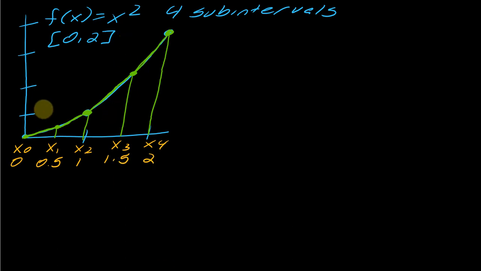To figure out the area of each one of these trapezoids, I need to plug each one of these endpoints into my function so that I can figure out the heights. So let me create a little table over here, and I'll fill in all of these values and evaluate this for y.